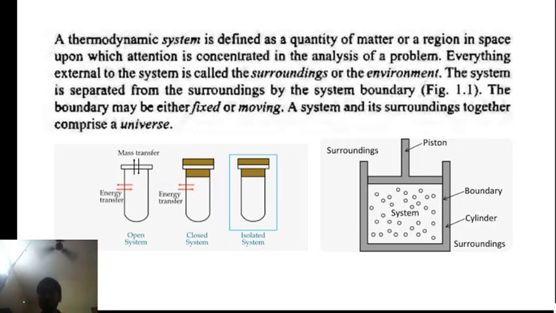Quantity of matter means there are 3 types of matter available in our universe: solid, liquid, and gaseous. These 3 states of matter give the complete sense of all the material available in our universe. So we will select either solid material, liquid material or gaseous material for research or study purposes.